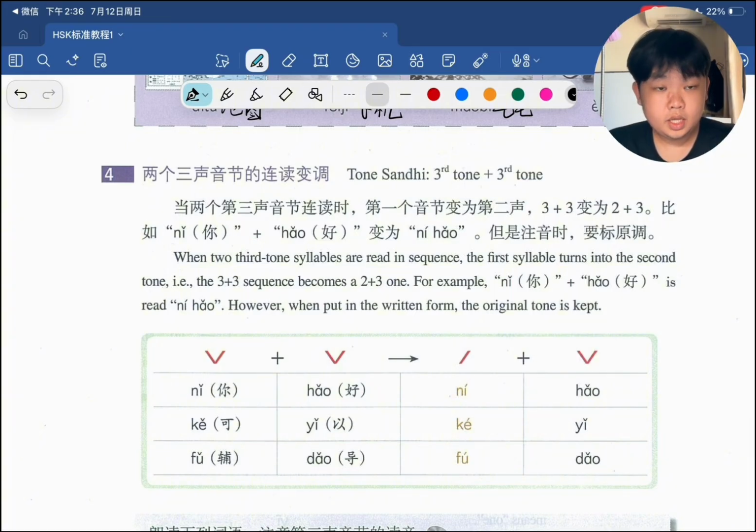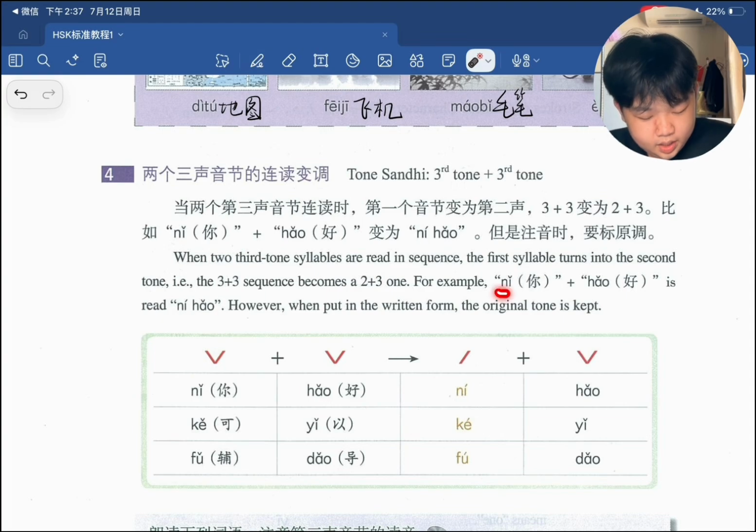Fourth, tone sandhi. The third tone plus the third tone. So, when two third tone syllables are read in sequence, the first syllable turns into the second tone. The 3 plus 3 sequence becomes a 2 plus 3 one. For example, ni plus hao is read ni hao.